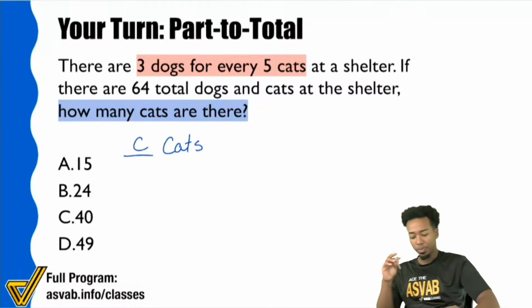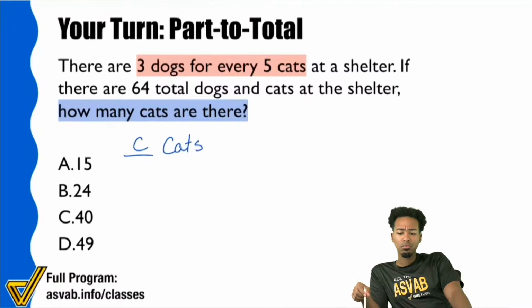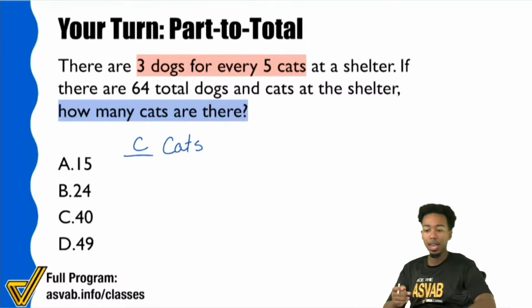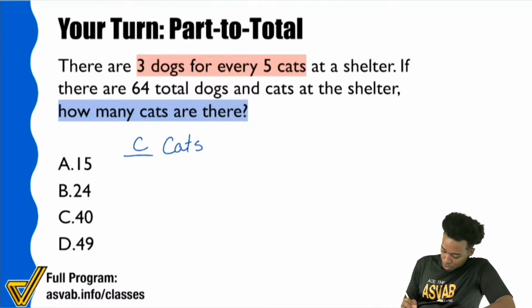Now, everybody, is that a ratio? The answer is yes. Notice how they don't actually say ratio or fraction or comparison. They said for every. And that is still another way to speak ratio. There are 3 dogs for every 5 cats.